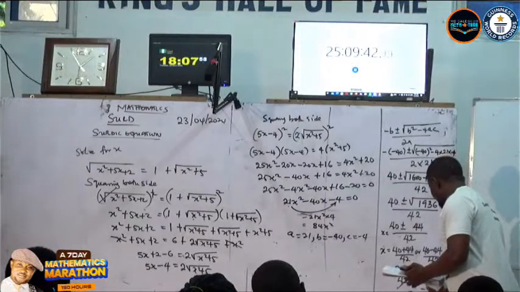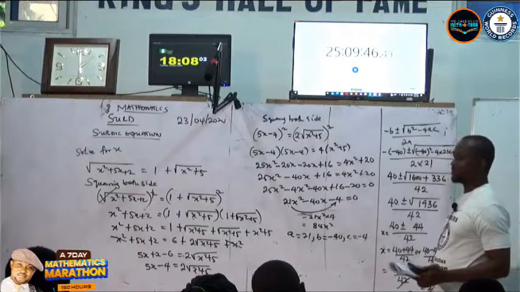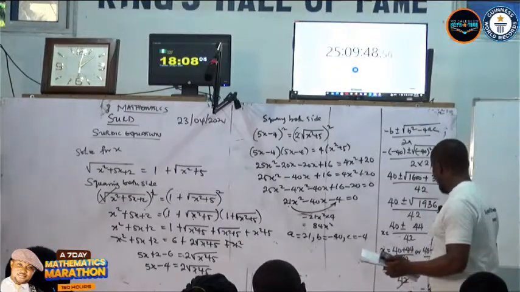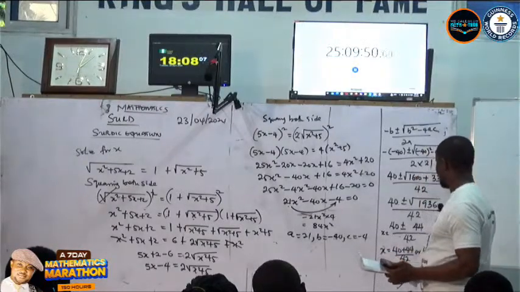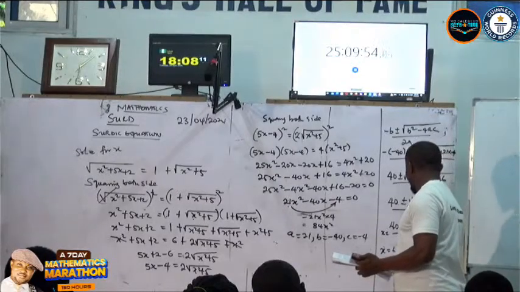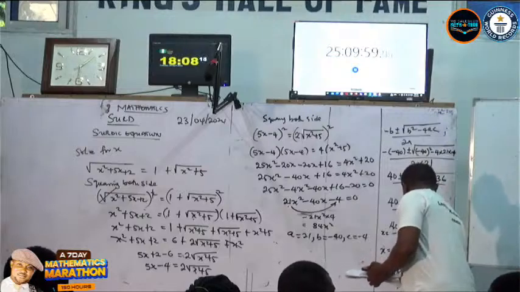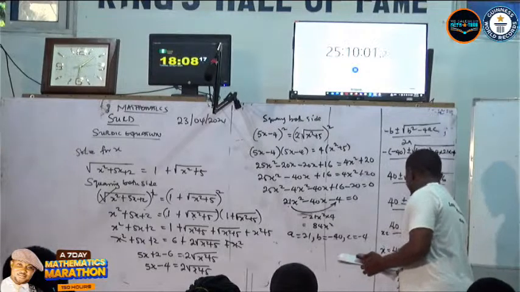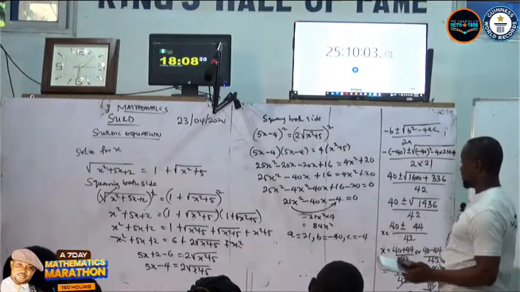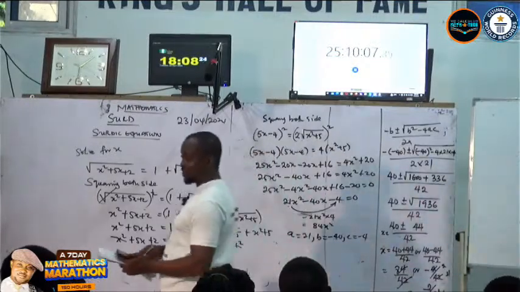So that will be minus 2 over 21. Yes, minus 2 over 21. Please copy that. I am going to explain again so that you understand very well.